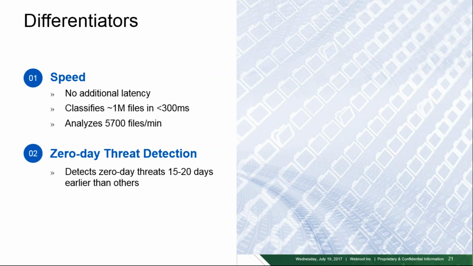When we ran a comparison over the last year or so with VirusTotal, using benchmarks from several other vendors there, we were able to make a determination 15-20 days before any other vendors were able to make a determination on the file. So zero-day threat detection and malware prevention is absolutely critical, and that's what this solution brings to market with this technology.